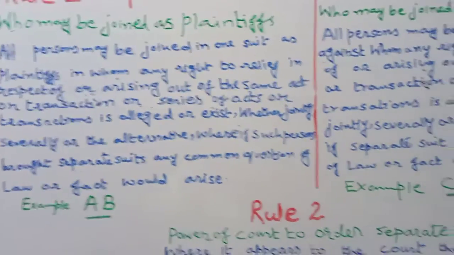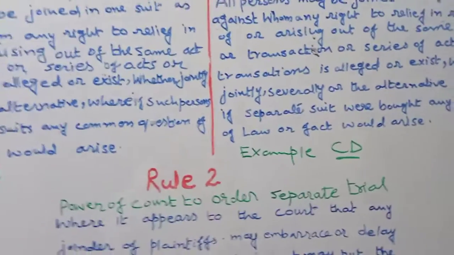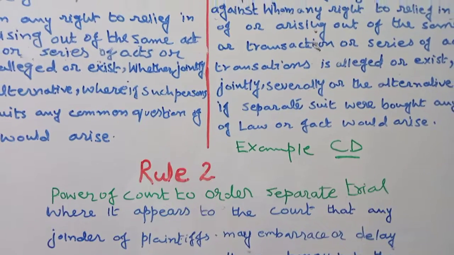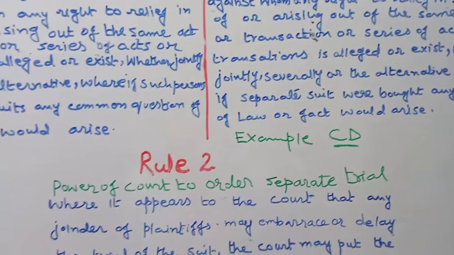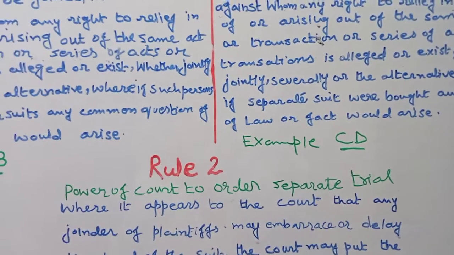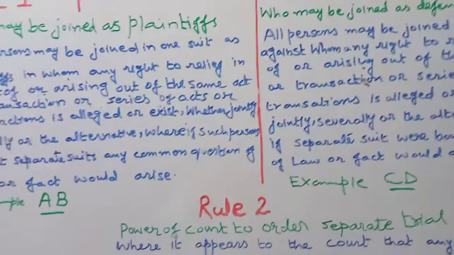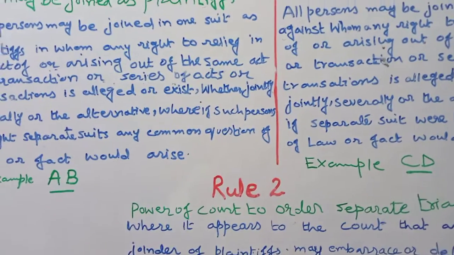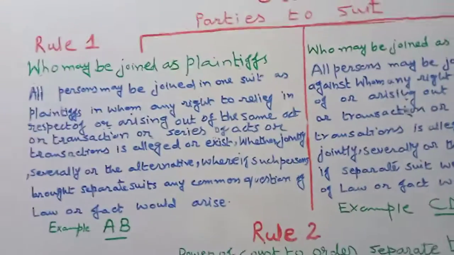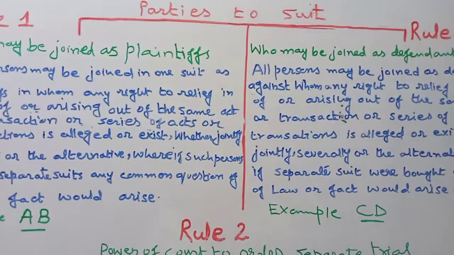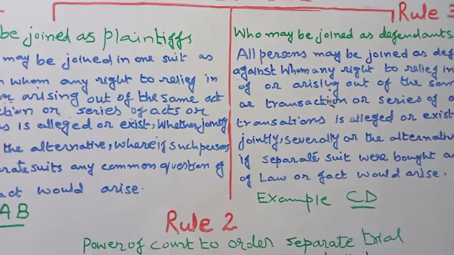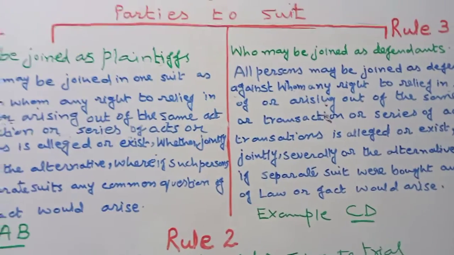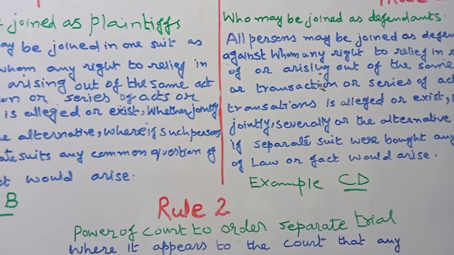So what is rule number 1 saying? Who may be joined as plaintiff. Who is the plaintiff? First of all, I'll teach you that a plaint is a written document which the plaintiff can make, in written form, in the formal language of court. A very simple plaint is 5 or 6 pages.